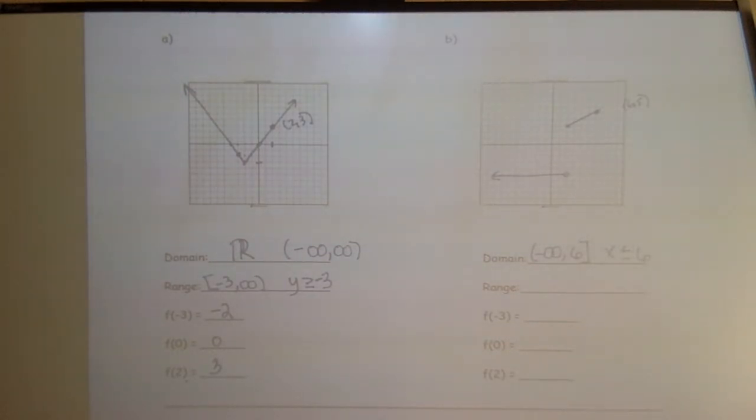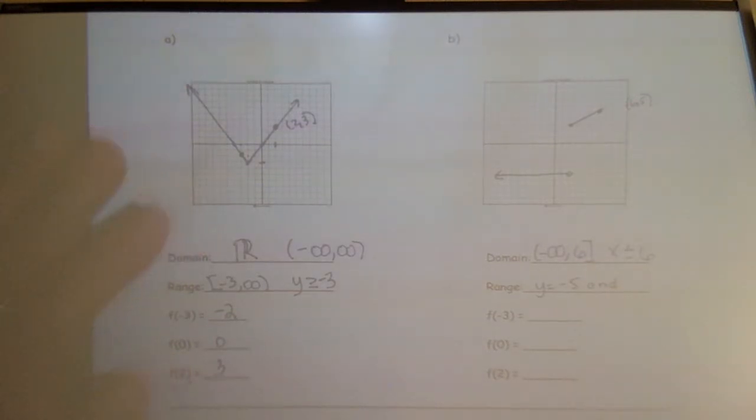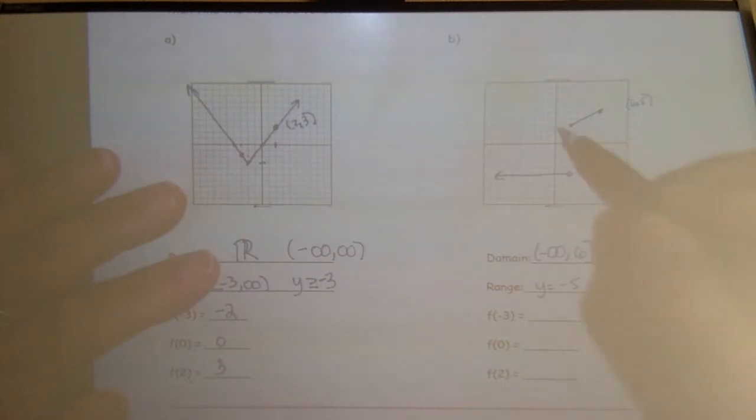What about your range? Well, right here, y is what? Y is equal to -5, and what else? Between 3 and 5. So y is less than or equal to 5, but greater than or equal to 3.